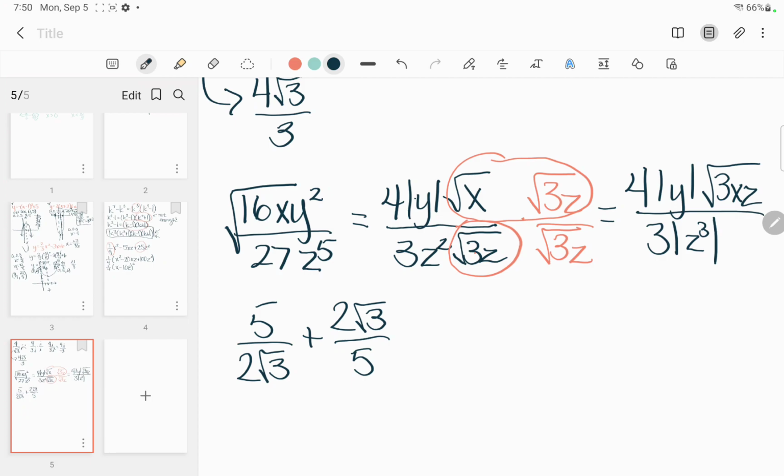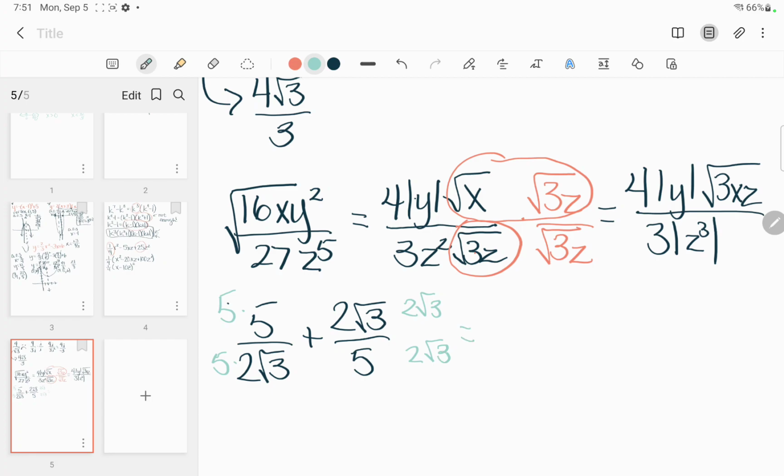So now what I would do here is I would probably do the addition first and kind of clean it up later. So I have to multiply numerator and denominator in my first fraction by 5, and numerator and denominator in my second fraction by 2 radical 3.